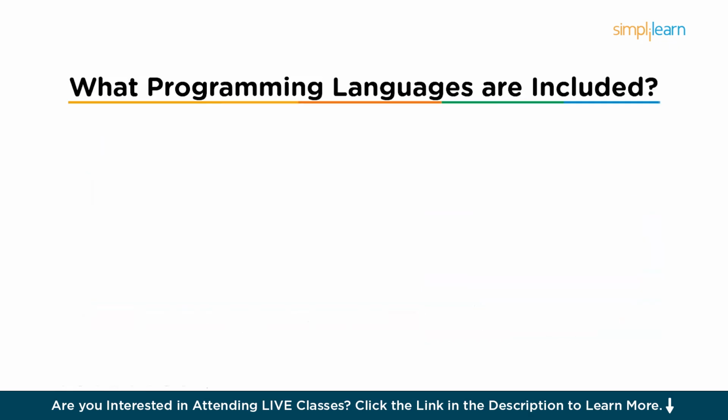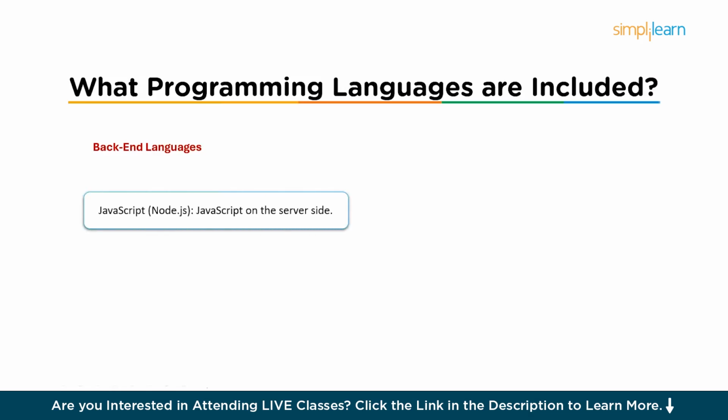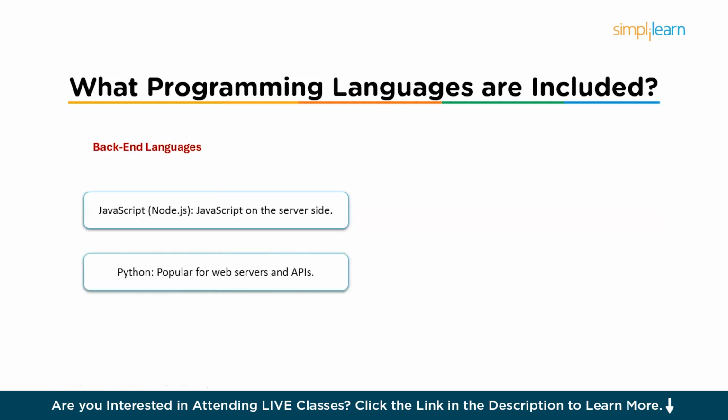Now moving to the back-end languages. The first we have is JavaScript, that is Node.js, so JavaScript on the server side. And then we have Python, which is popular for web servers and APIs, and it's very user-friendly.